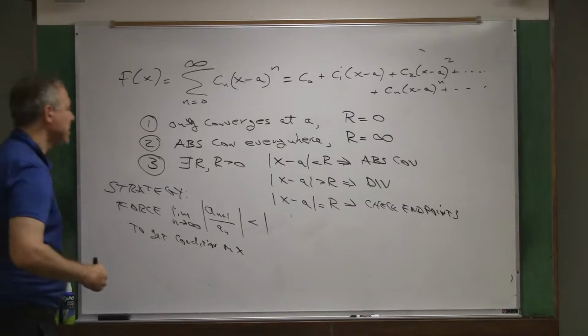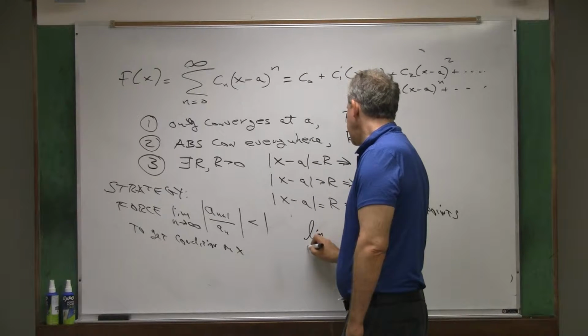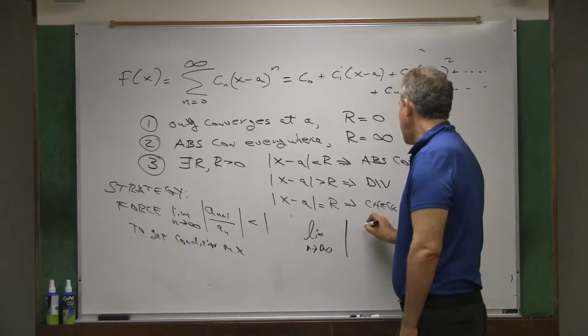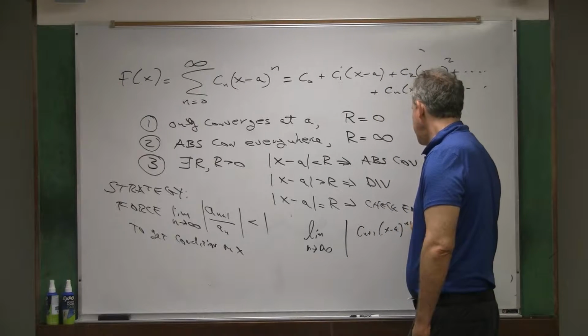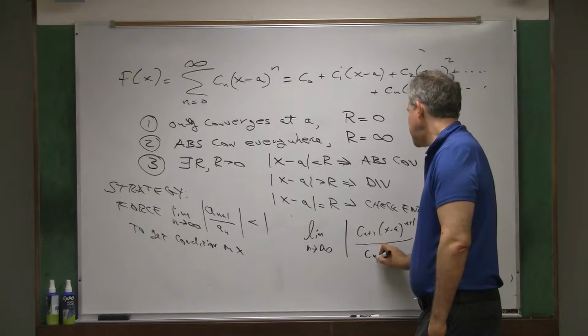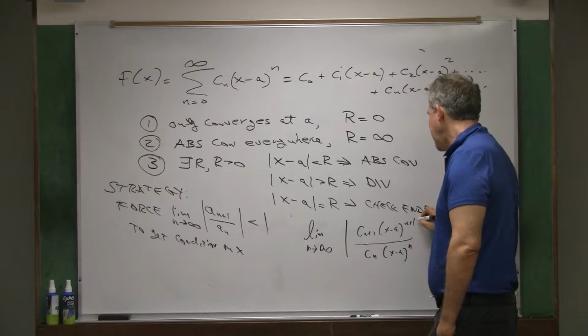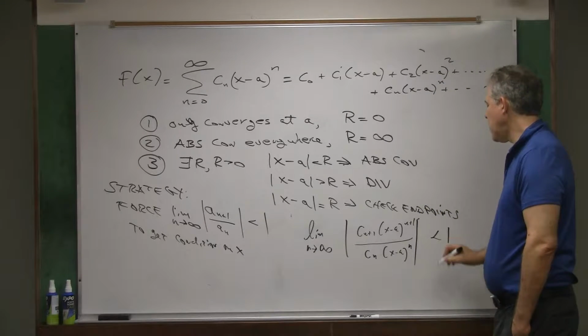In this case, in other words, you're going to force the limit as n goes to infinity of the absolute value of c sub n plus 1 times (x minus a) to the n plus 1 over c sub n times (x minus a) to the n to be less than 1.